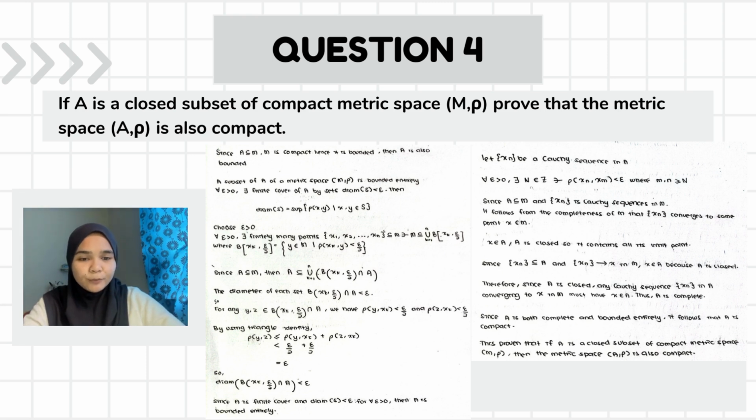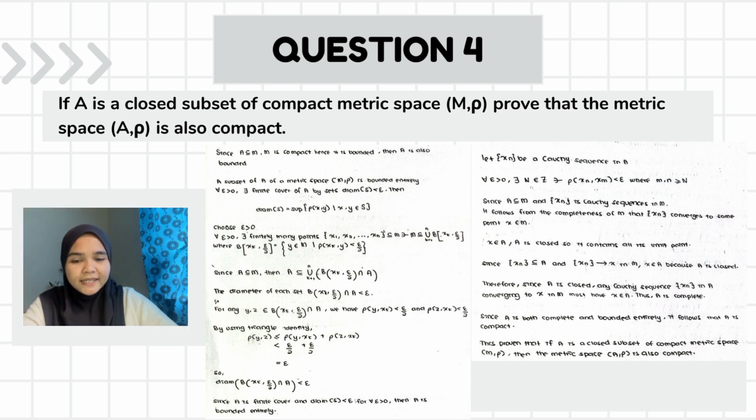To show A is complete, we need to show that every Cauchy sequence in A converges to a point in A. Let xn be a Cauchy sequence in A. From the definition of a Cauchy sequence, for every epsilon greater than 0, there exists an integer N such that rho(xn, xm) is less than epsilon, where m and n are greater than or equal to N. So since A is a closed subset of M and xn is a Cauchy sequence in M, it follows from the completeness of M that xn converges to some point x in M.